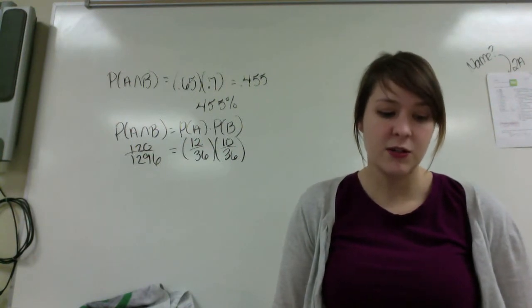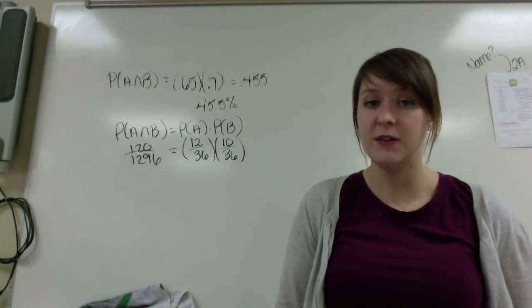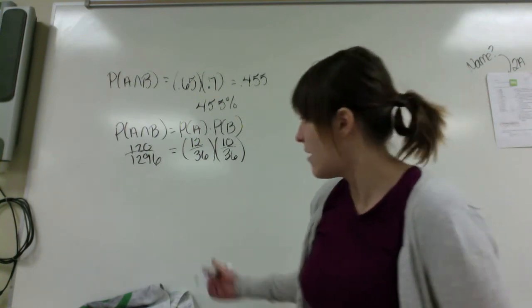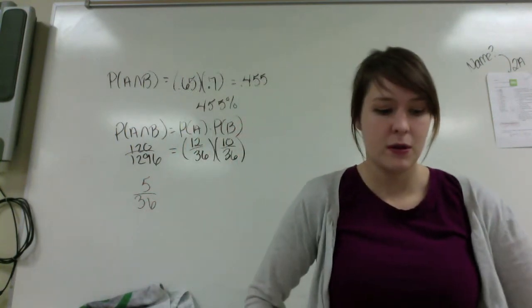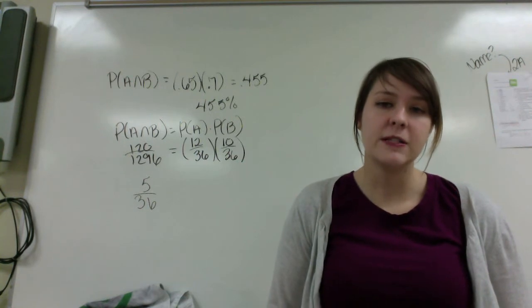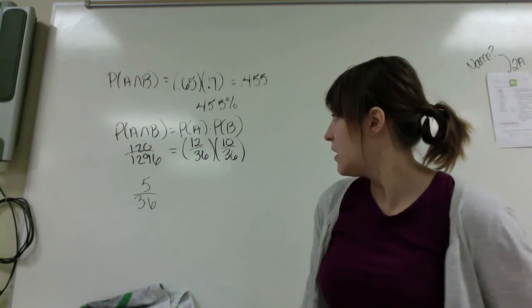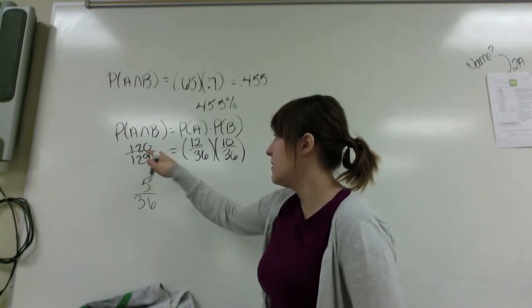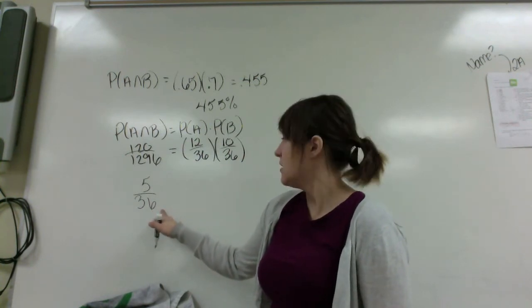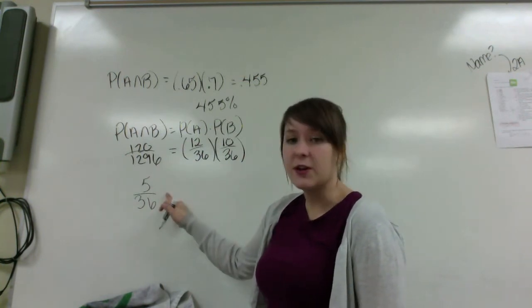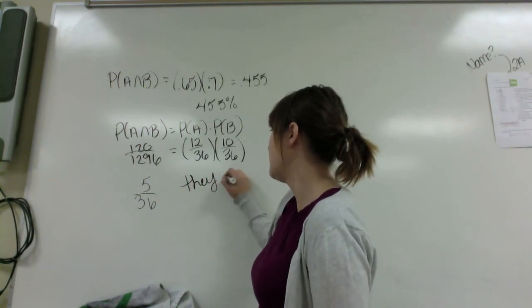So that would give me a total of 5 events that would fall into the intersection, which would be 5 out of 36. So now I need to think about, are these events actually independent or are they dependent? And the way I do that is I compare what my probability should have been to what my probability actually is. And I notice that they are different, therefore these are actually dependent.